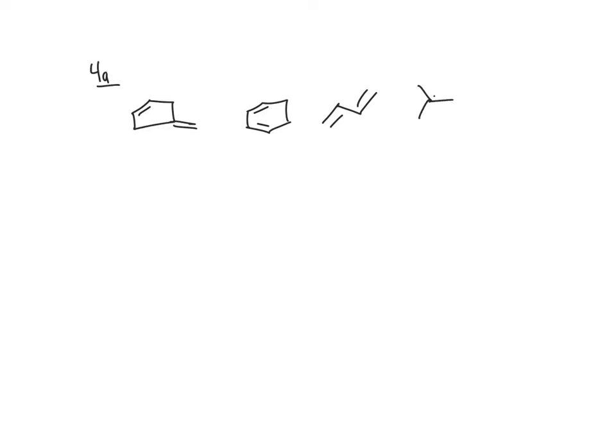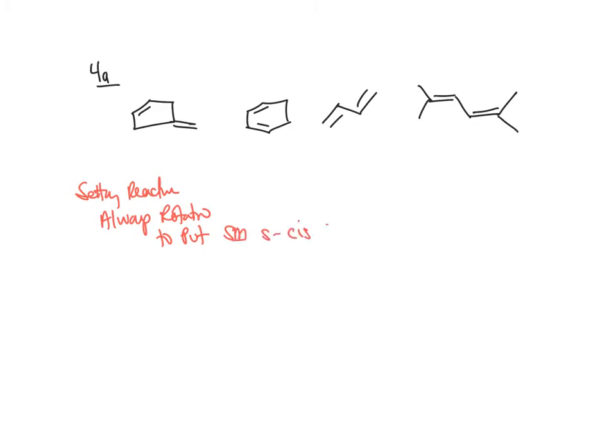If they can rotate and get into the S-trans or S-cis, then yes, you would want to circle them. And let me tell you another thing. When you're setting up your reaction, always do your rotation to put the starting material in the S-cis conformation. That will save you a lot of headaches, okay? So where's your sigma bond here? I think I drew this one wrong.